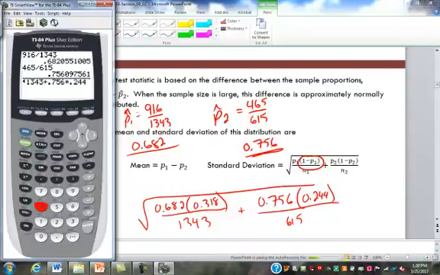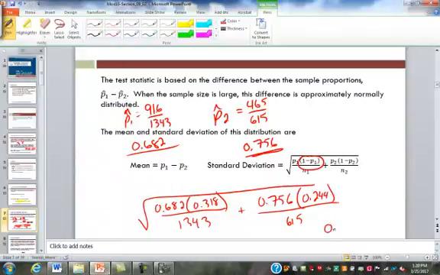You could do parentheses 1 minus 0.756 if you didn't want to calculate that in your head. Divided by the 615. 0.0215 it looks like is our standard error for those proportions.